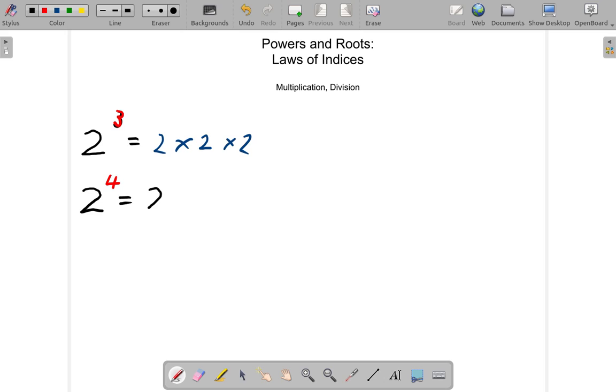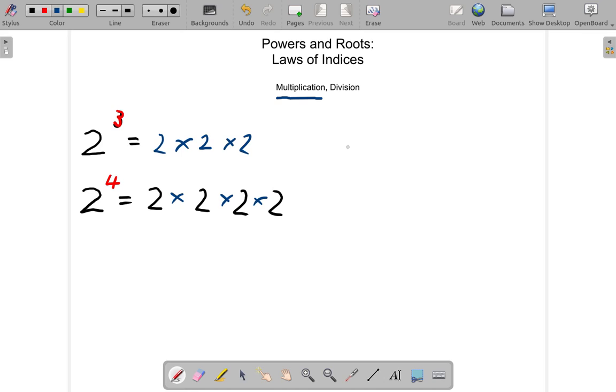You have 2, the base, multiplying itself. How many 2's do you have multiplying? 4 of them. You have 2, 2, 2, 2. Let me put in the multiplication signs. Alright, good. So we're dealing with multiplication right now. The laws of indices relating to multiplication.